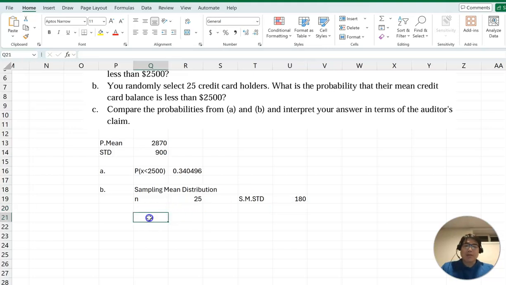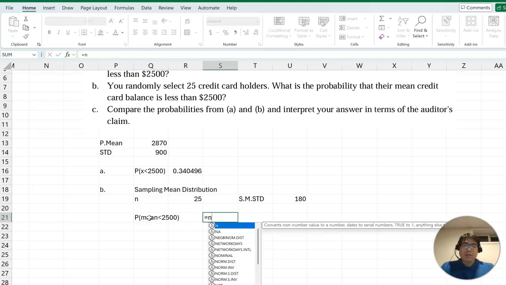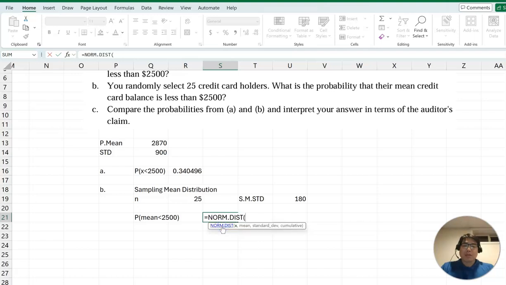Unlike question A, we are now using 180 for the standard deviation value. So this becomes the probability that the sample mean is less than 2500. We still use the normal distribution. We type 2500 as the x value, then the population mean, and then the standard deviation. Don't click this one; now we need to click the sampling mean standard deviation value.